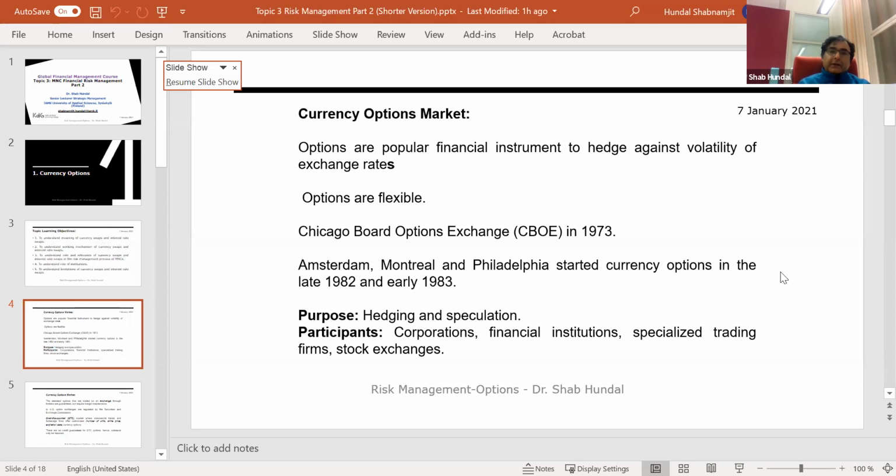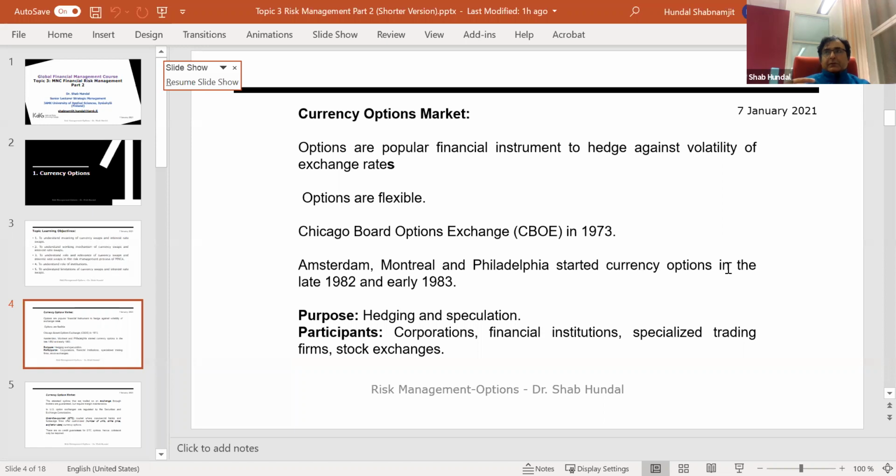So in the currency option, you have a contract to buy or sell the foreign exchange in the future, specified currency, specified amount, specified rate of exchange, specified time period in the future. But it only gives you the right to exercise. There is no compulsion. No compulsion means you may exercise your right.